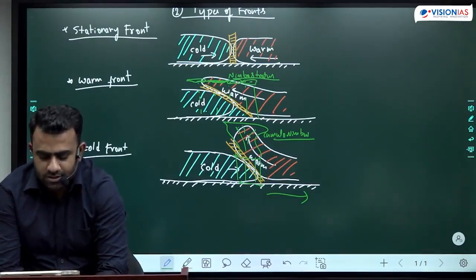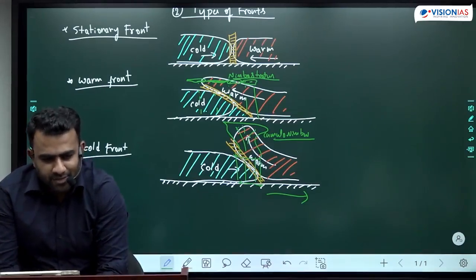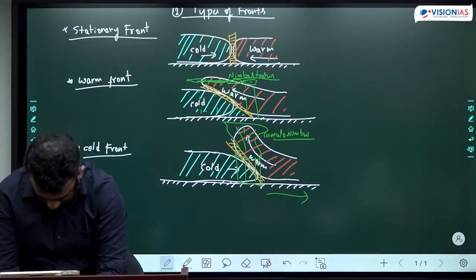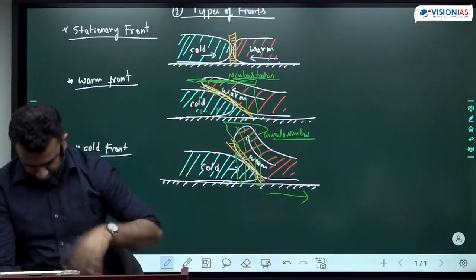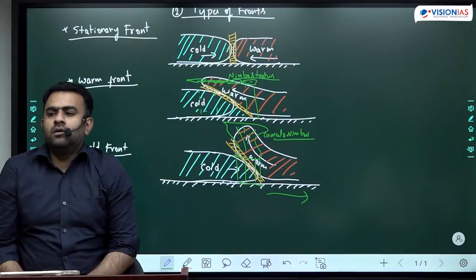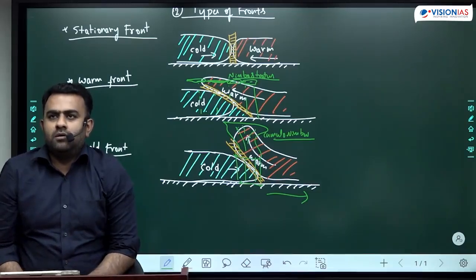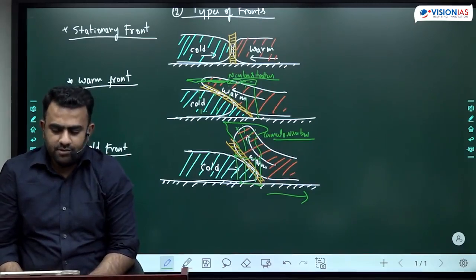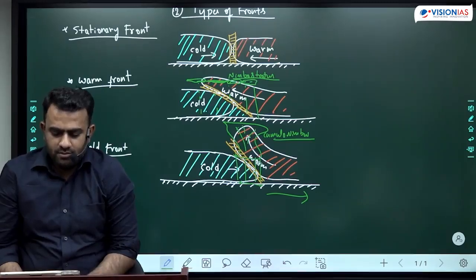Next. It causes rapid upliftment of warm air. Next point. Results in the formation of cumulonimbus clouds.